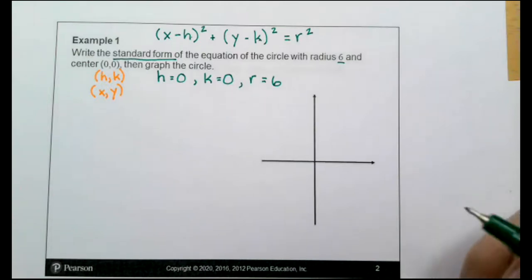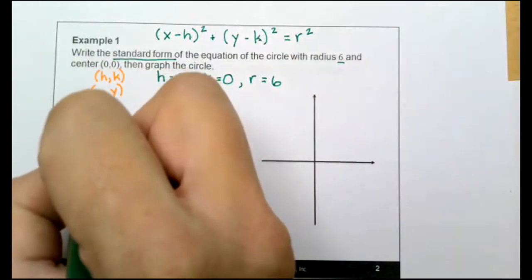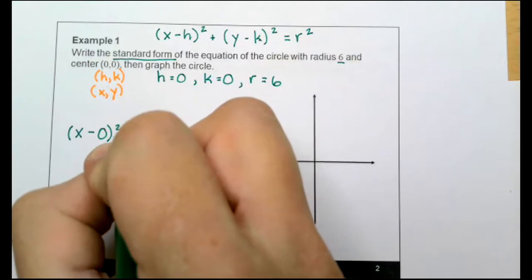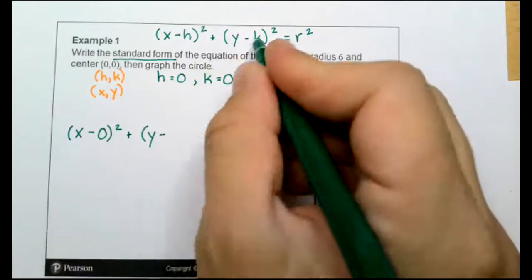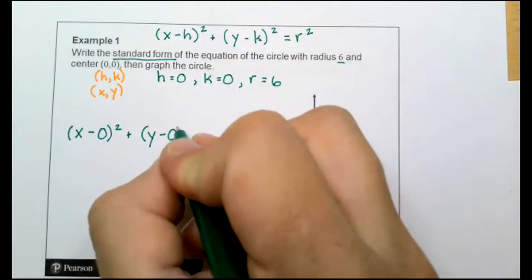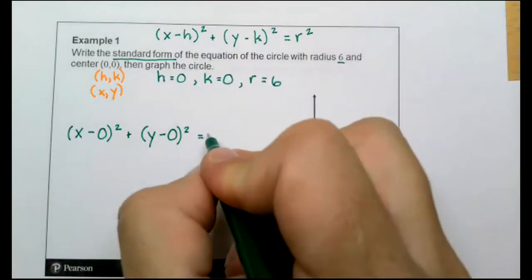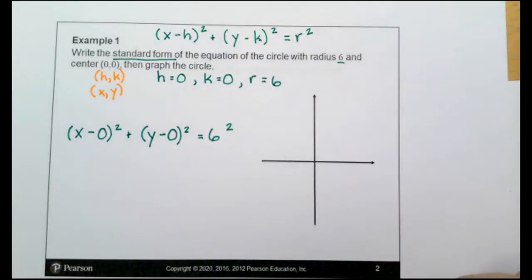All right. Substitute each value in. So X minus 0 squared plus Y minus K 0 squared equals 6 squared. And I can simplify that a little bit, right?